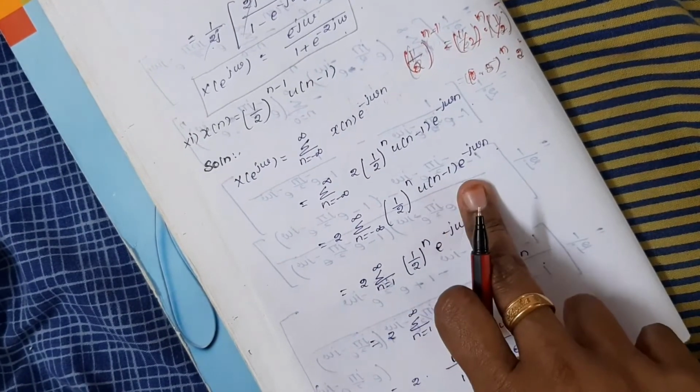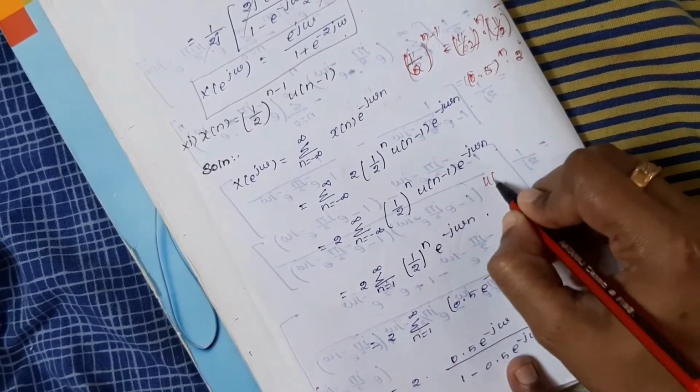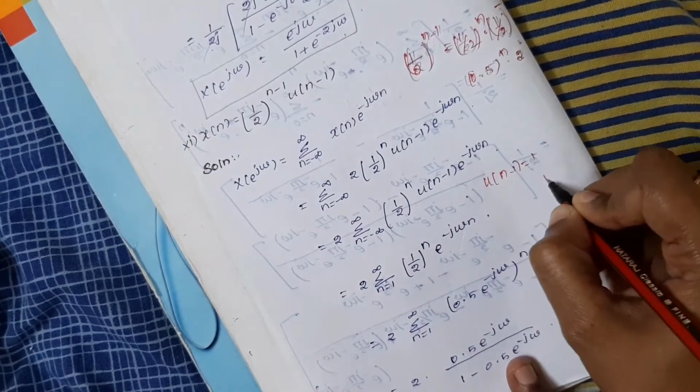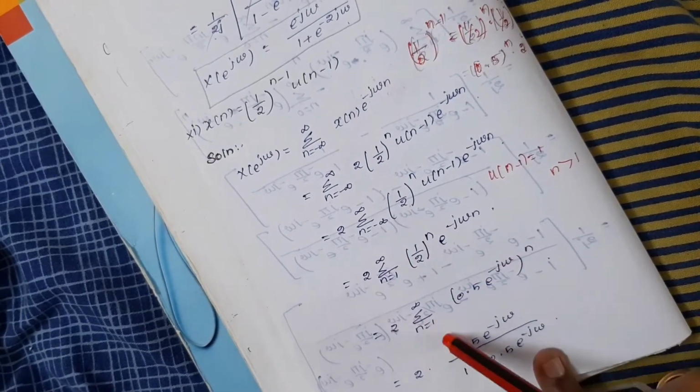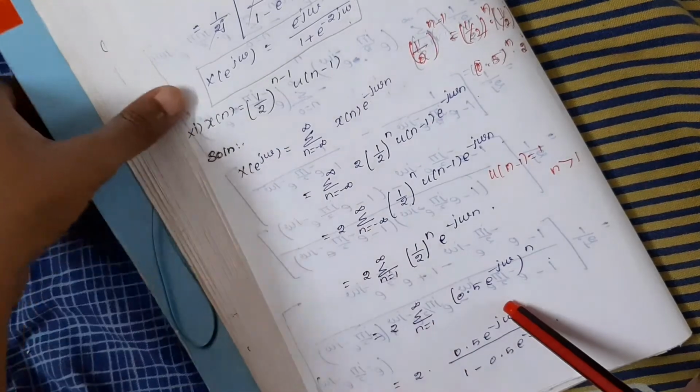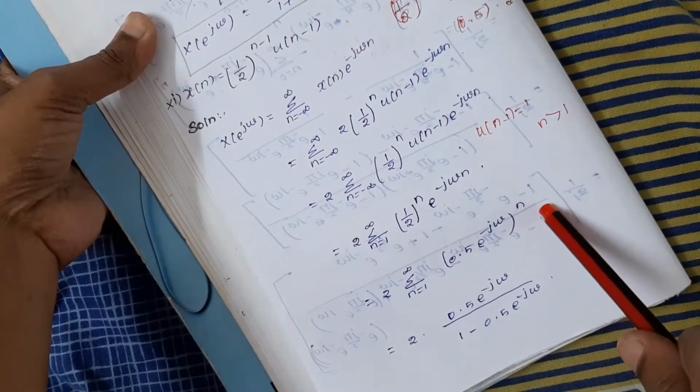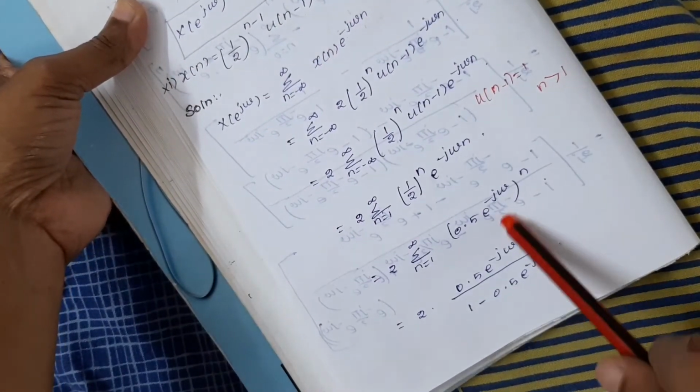And now, u of n minus 1 is equal to 1 when n is greater than or equal to 1. So the summation goes from 1 to infinity. Now 2 is common, and 0.5 the whole power n is the common term, that is a power n.